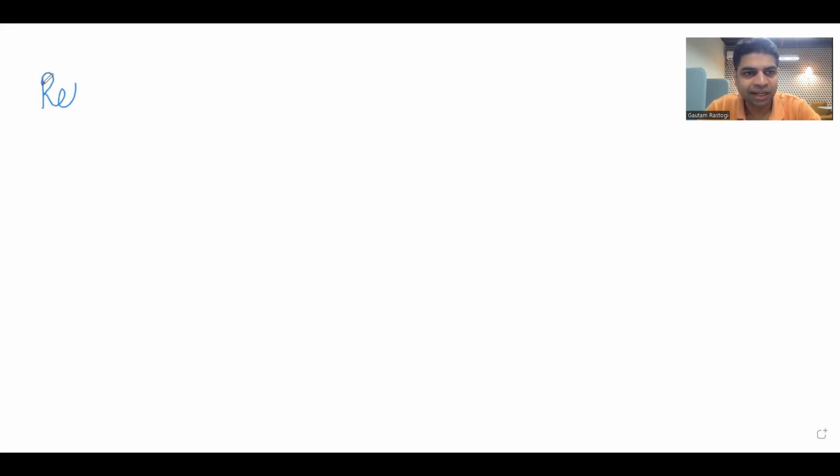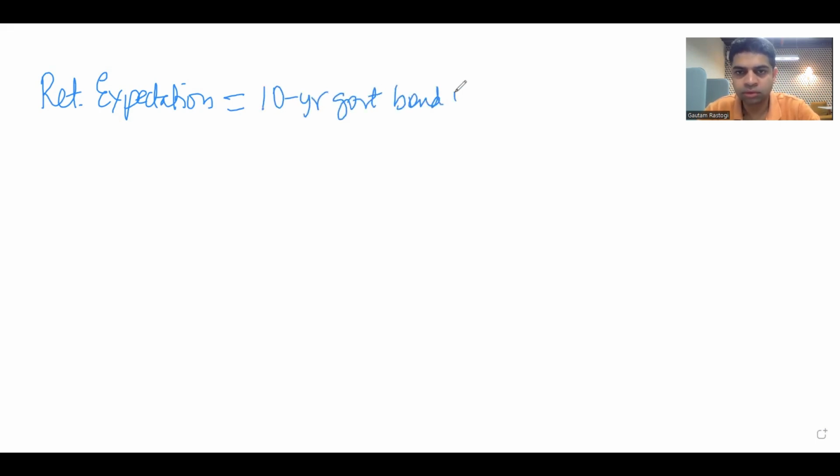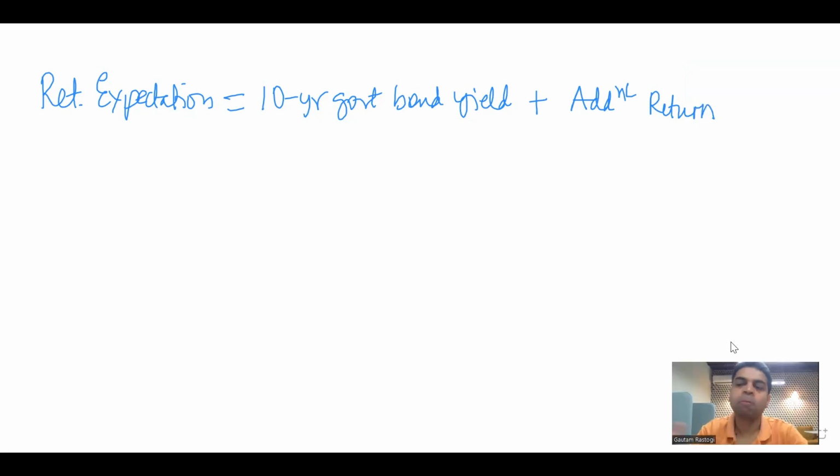The return expectation of an investor is the 10-year government bond yield, plus an additional return, because they have to be compensated for the risk that they take by investing in the equity market, or a company which operates in the equity market. So they have to be compensated for that additional risk.